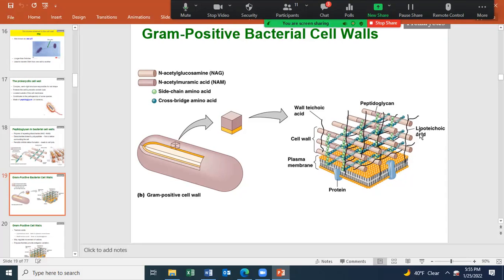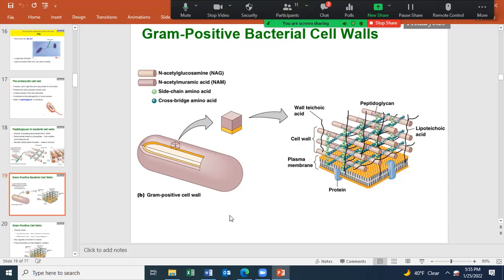So the lipoteichoic acid binds the peptidoglycan to the cell membrane. And that's about it for the molecules that we see in gram-positive cells.